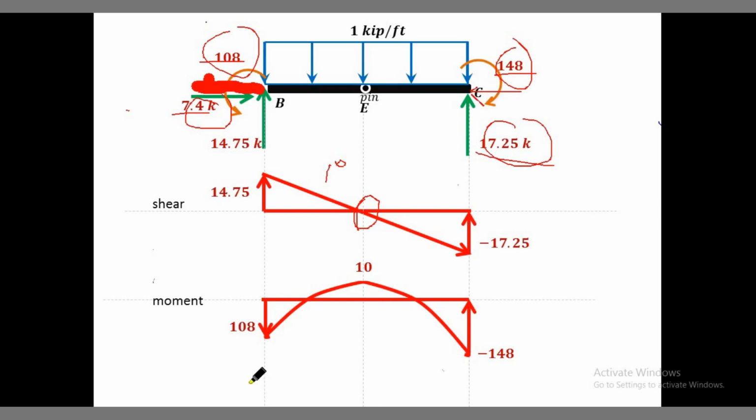So, dati member BC tayo is under compression. So, di diagram tayo iti axial force, dati kuma di reference line tayo.